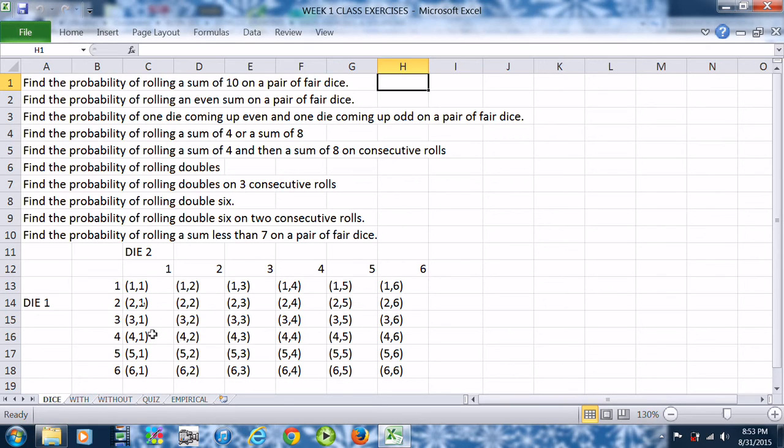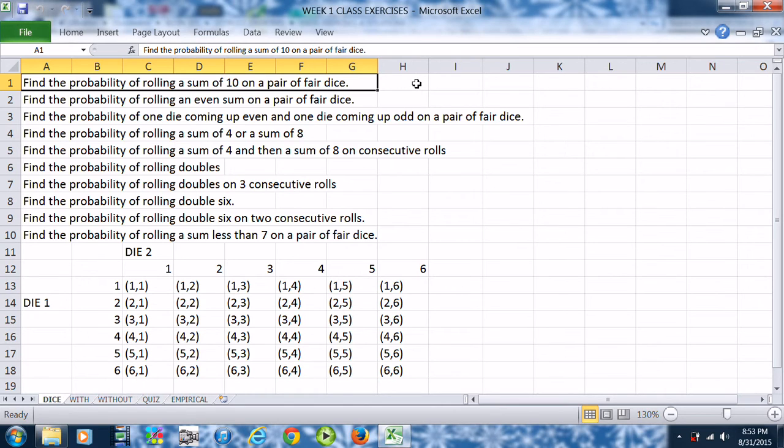Here, this 3, 1 is when we rolled a 3 on die 1 and a 1 on die 2, and so forth. So we can see that there are 6 times 6, or 36 possible outcomes, which means there are 36 elements in the sample space.